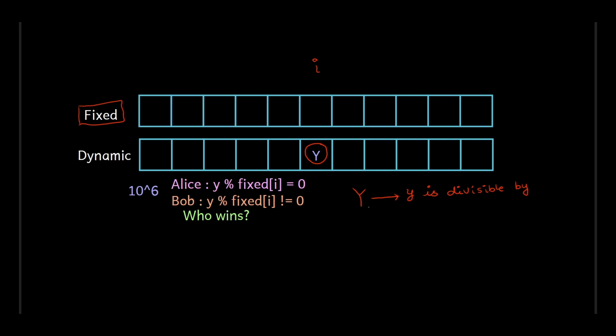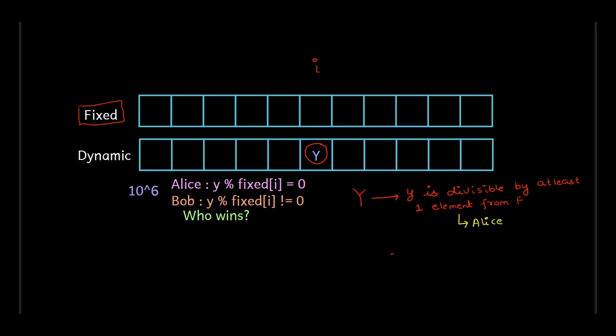So you can say that y is divisible by at least one element from F. So in this case, you can see that Alice will be able to remove this element.